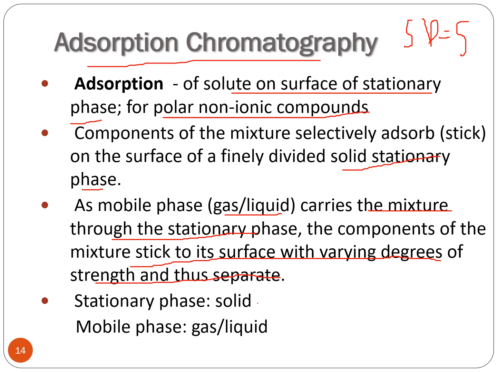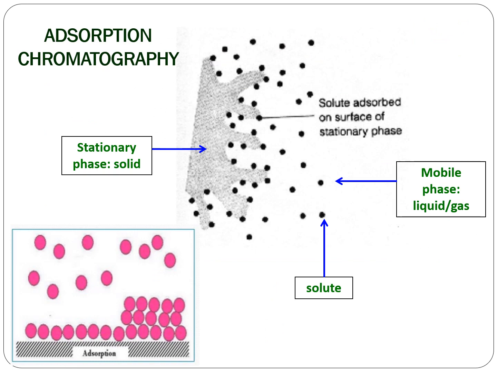Okay, the stationary phase is solid while the mobile phase is gas or liquid. Okay, ni dalam based on this diagram. Okay, this part is the stationary phase which is solid. Okay, yang bulat-bulat hitam ni kita punya solute ataupun komponen dalam our mixture.